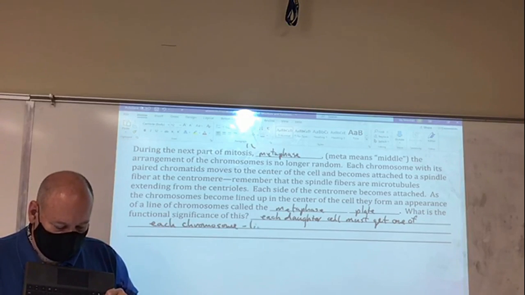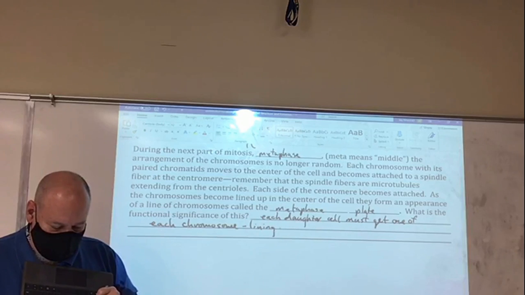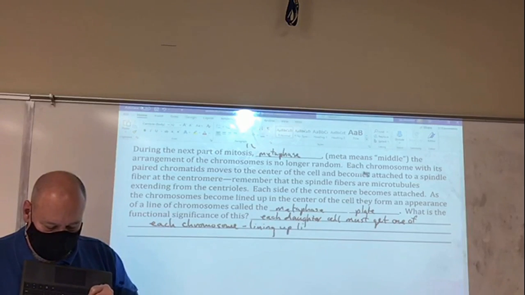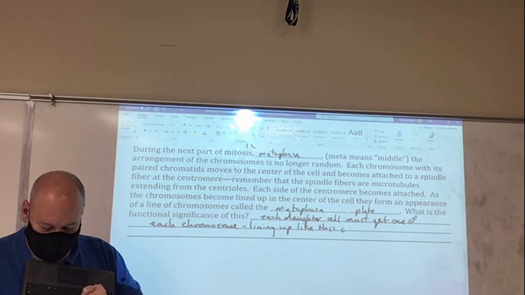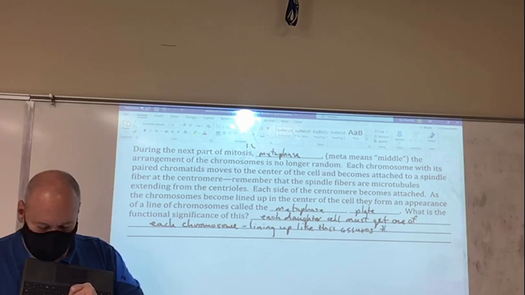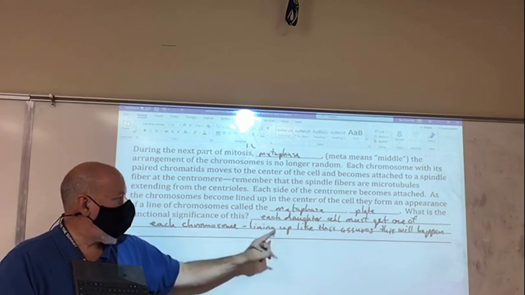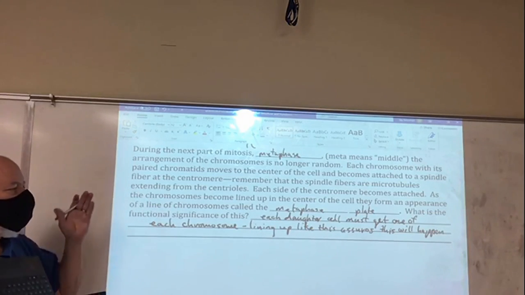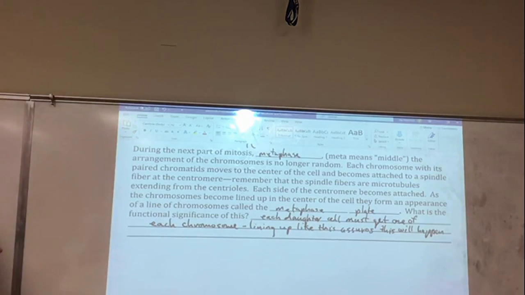Lining up like this assures this will happen. Okay? Lining up like this makes it so that I can only put one chromosome of each pair into each daughter cell.